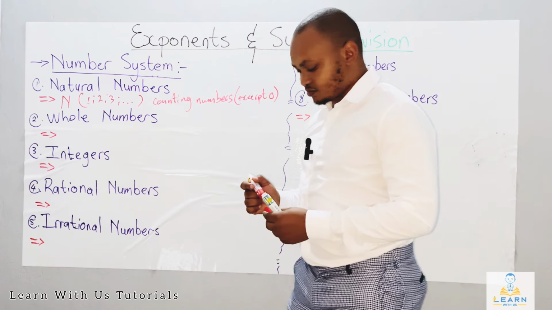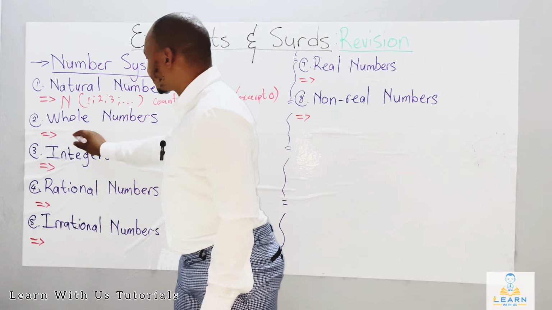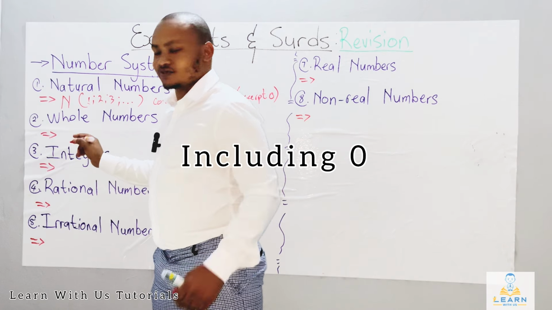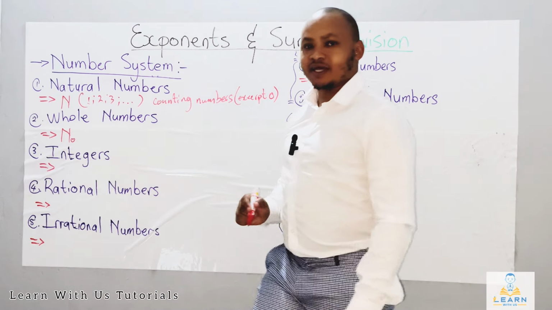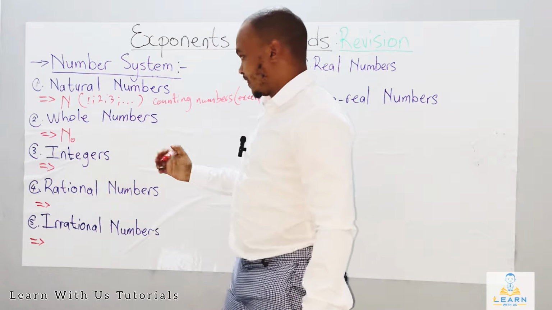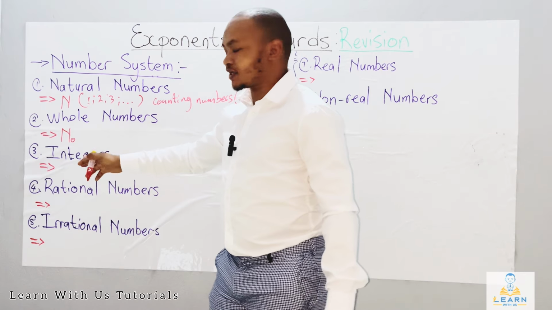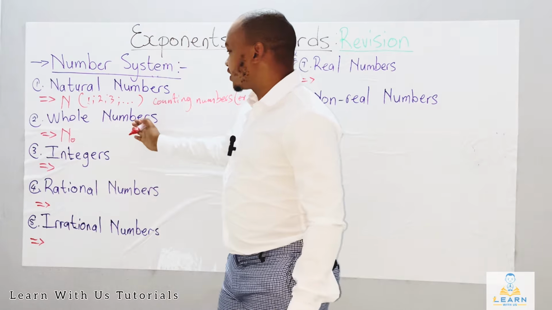Alright, let's look at whole numbers now. With the whole numbers, these are also counting numbers, including 0. So here we'd look at the symbol N with a small 0 at the bottom. This doesn't mean number. The N and the small 0 denote that this is a whole number.